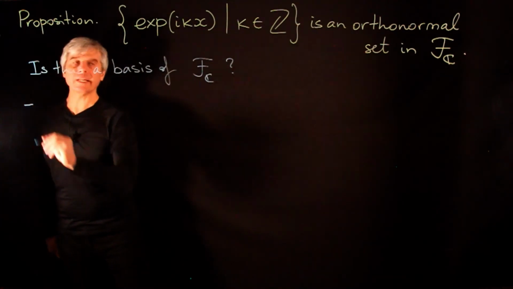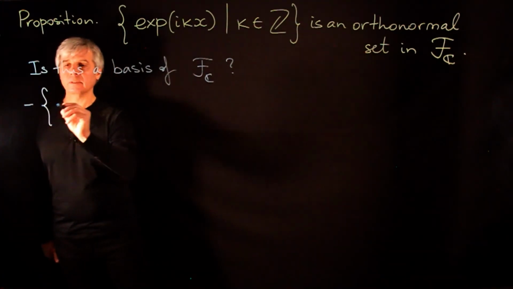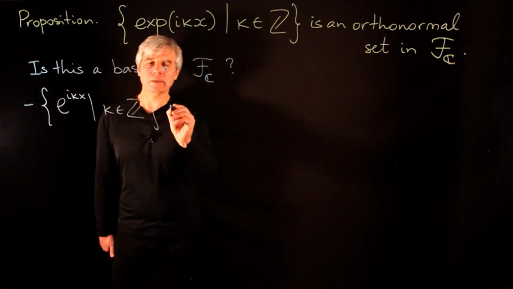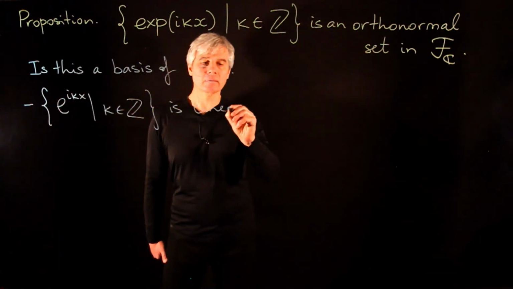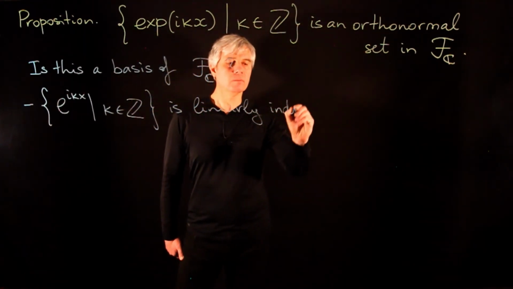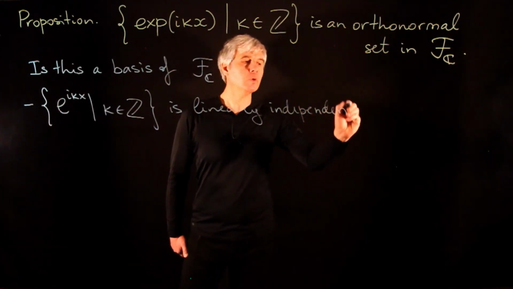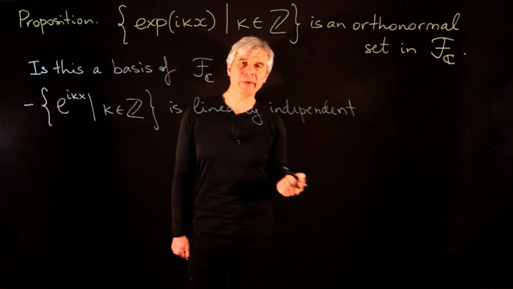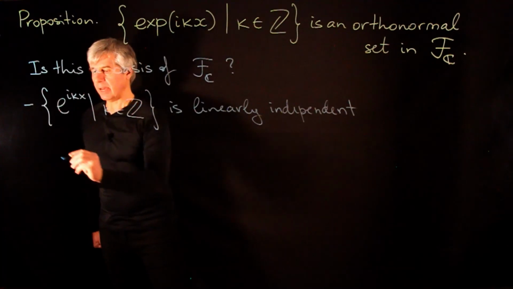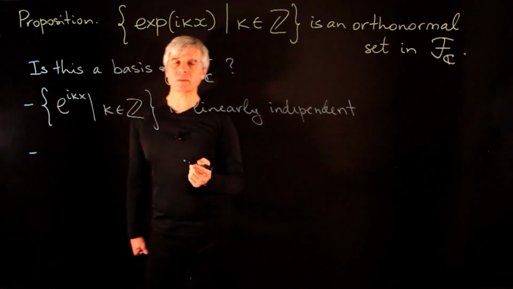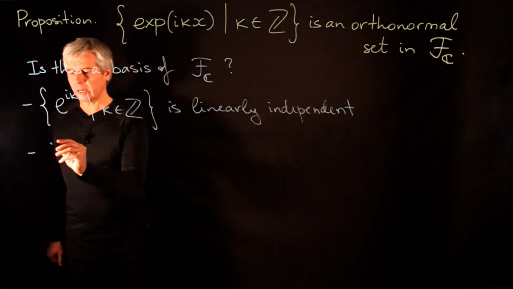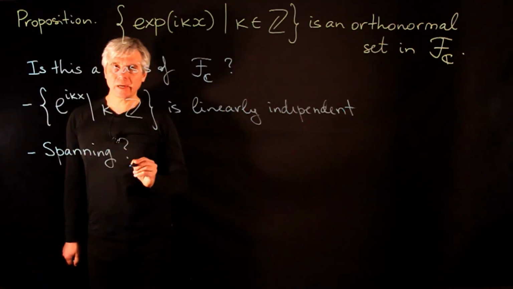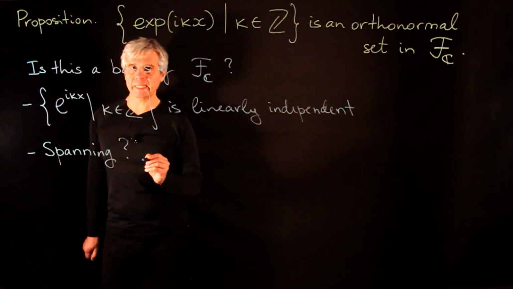And well, certainly this set of e to the ikx, where k runs over Z, is linearly independent. We proved that any orthogonal set of non-zero vectors is automatically linearly independent. Now, for the definition of a basis, we also need the spanning property. When it comes to the spanning property, there is a difference in how this property is treated in algebra and analysis.